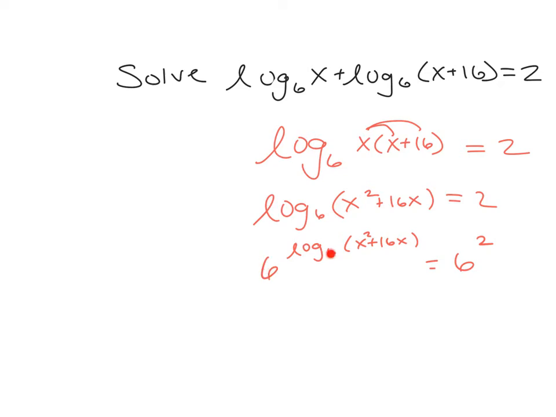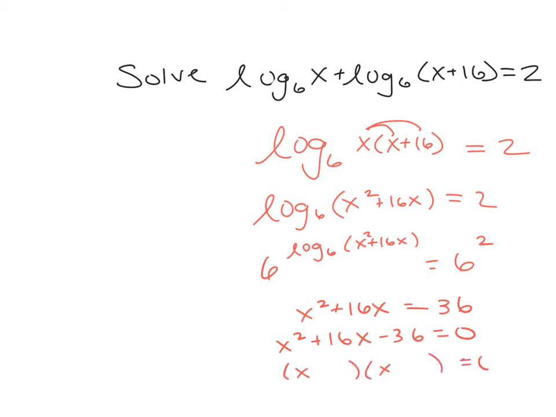And I chose 6 because 6 is what will undo this log base 6. And that will help me rewrite this equation and pull that argument out of a log. And then 6 squared we know is 36. So now we have a quadratic equation, which we know we can solve by factoring, completing the square, or using the quadratic formula.